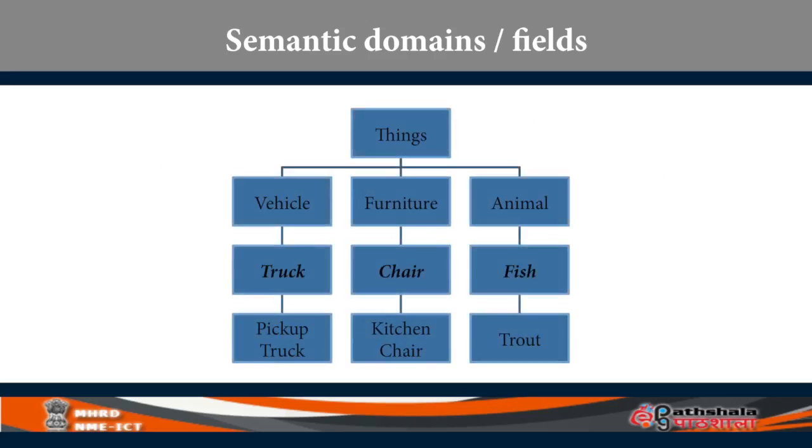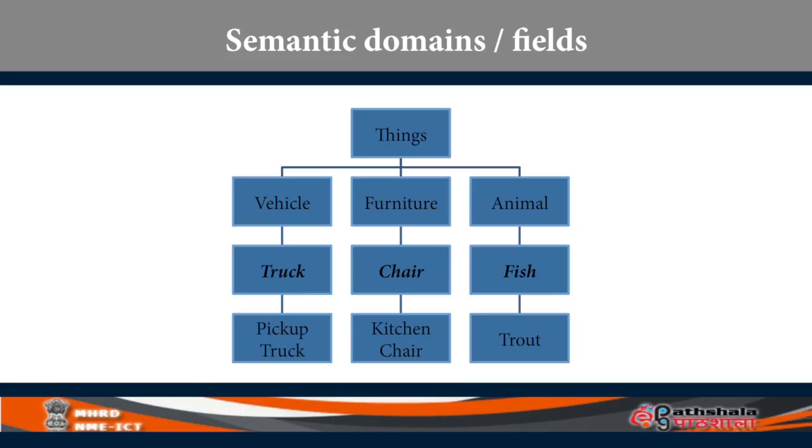There is the superordinate level, the first level, the top level. So things can be vehicles, furniture, or animals. This is the superordinate level, and then there is a basic level in the middle. If you say vehicle, the basic level term is truck. If you say furniture, basic level is chair. If it is animal, basic level could be fish. Just an example I am giving.